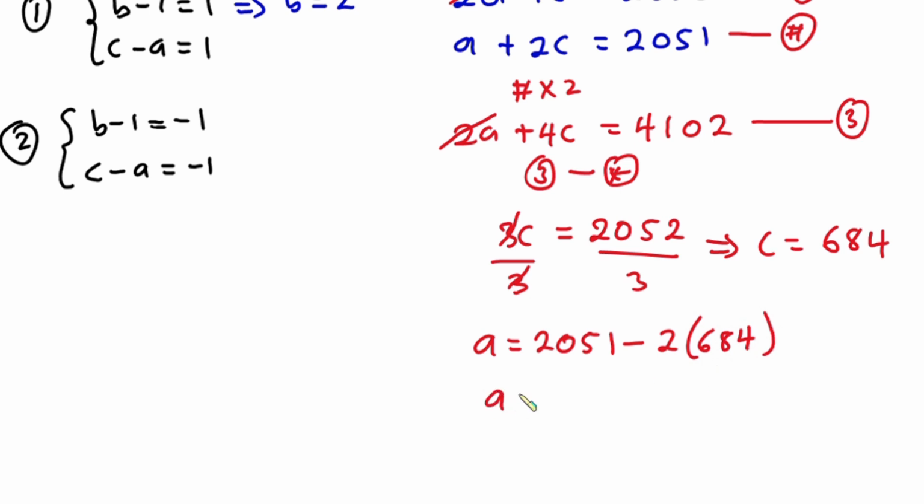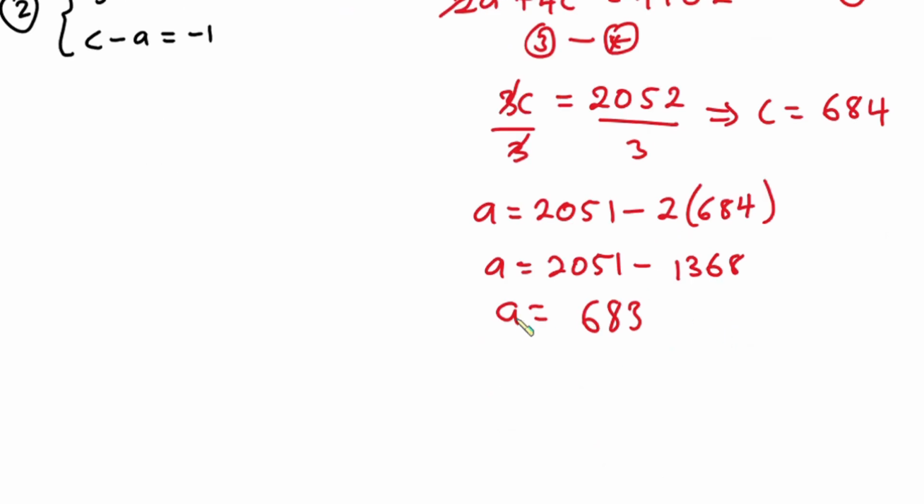Now if we simplify this, we have 2051 minus 2 times 684, which is 1368. And this implies that A is equal to 683. So now we know the value of A to be 683, B to be 2, and then C is equal to 684. And mind you, this is the first case.